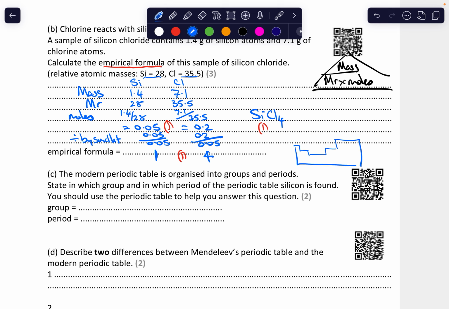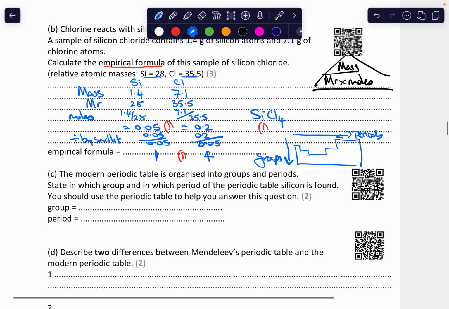Remember, on the periodic table, when you go across, we call those periods, and when you go down, we call those groups. And I know that silicon is over here, underneath carbon in group 4. So the group number is 4, and it's in the 3rd row going across, so it's in the 3rd period as we go across as well.